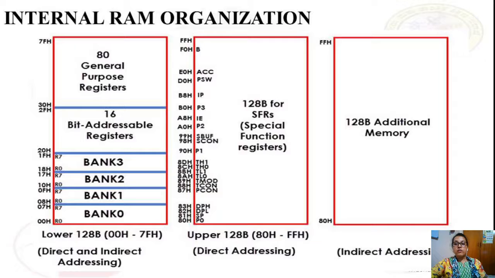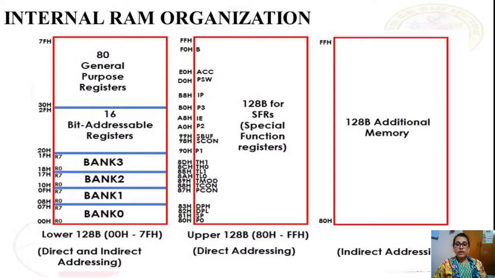Actually, all the modern variants of the 8051 microcontroller have 256 bytes of RAM. Here, the first 128 bytes, from 00 to 7FH, is the lower 128 bytes, and this is the upper 128 bytes, totally 256 bytes.